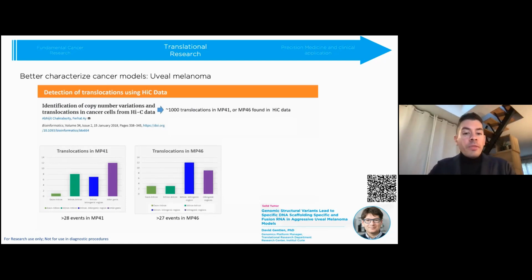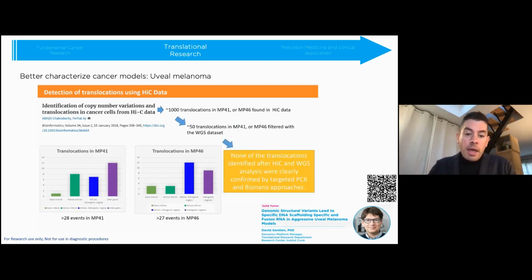And over 1,000 translocations were predicted by Hi-C data in the two models they used, MP41 and MP46. But only 50 could be cross-referenced with their whole genome sequencing data, and none could be validated down the road, illustrating the issue of false positive calling and the burden of data curation when working from sequencing data.